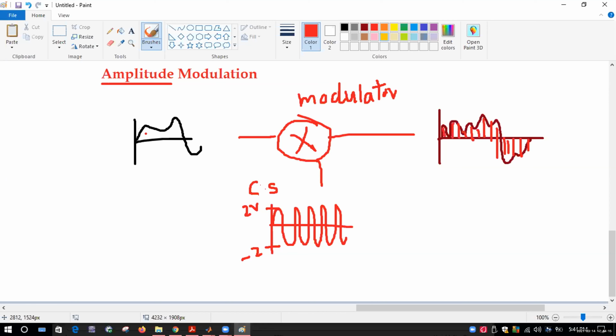Is that clear? Again, Mr. Samir, change the amplitude for the message? No, changing the amplitude of the carrier, carrier amplitude, by the message amplitude. Yes. So here, who is controlling the amplitude of the carrier now?